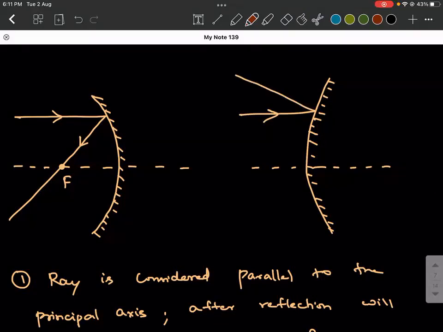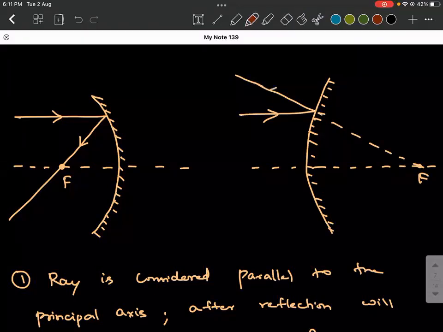When a ray is taken parallel to the principal axis, after reflection, it will appear as if it is passing through the focus. Means it will appear as if the ray has come from the focus. So small correction to the ray diagram. It will appear something like this. Arrow marks are very important. Okay.